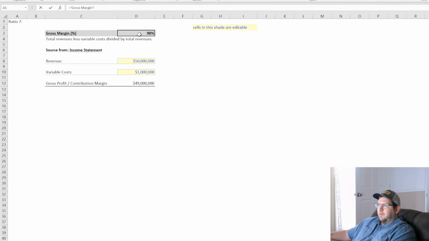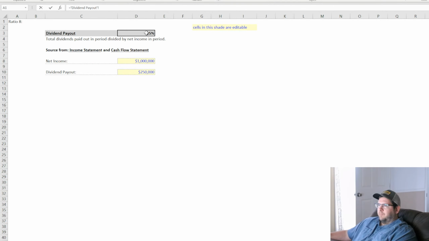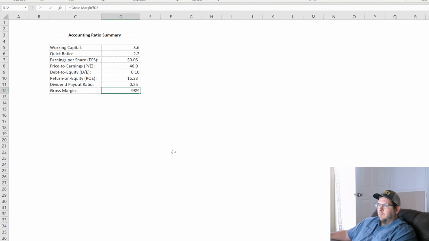Alright, let's update that. So this is gross margin. I'm going to put this over here. And I'm saying ratio, but honestly, they're using a percentage.